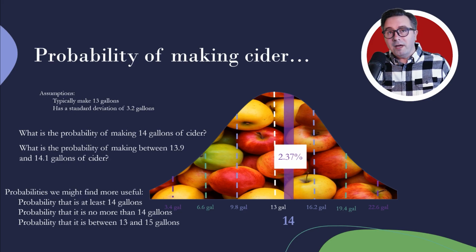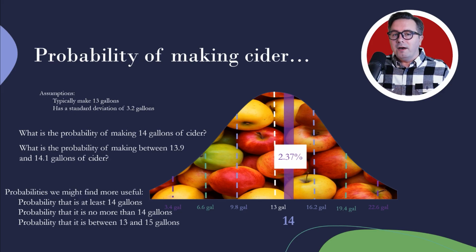Or maybe we want a range, and so instead of just 14 gallons, maybe we want it to be between 13 and 15, because we're dealing with lots and lots of apples, so there's probably a huge range, right? Hence why the standard deviation is 3.2 gallons. So the probability of getting between 13 and 15 gallons is 23.4%.